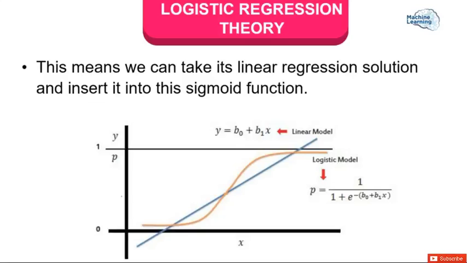So we take this linear model and put it in the sigmoid function. We can finally transform this linear regression into a logistic model. So whatever the value of the linear model output actually is, it doesn't matter. When we put it in the logistic model or the sigmoid function, it will always be between 0 and 1.